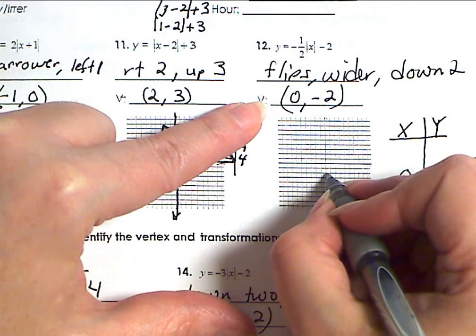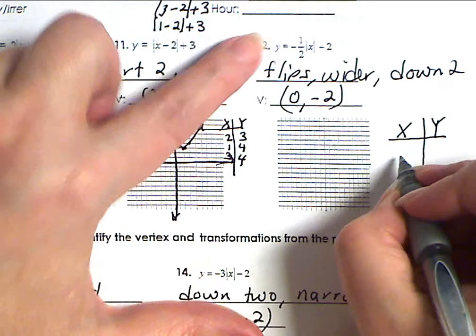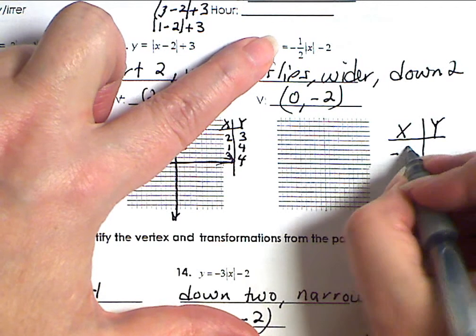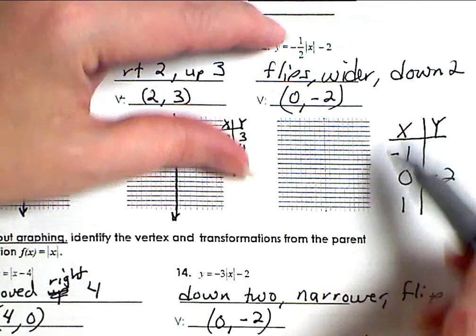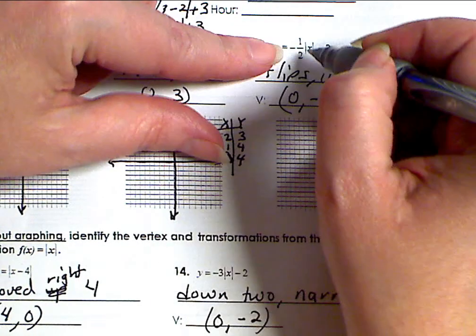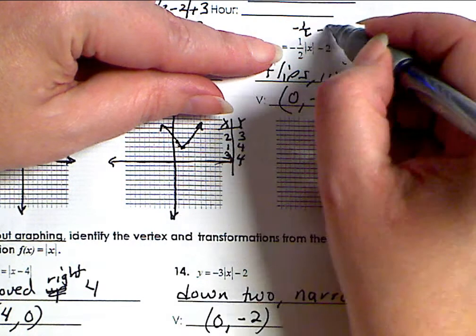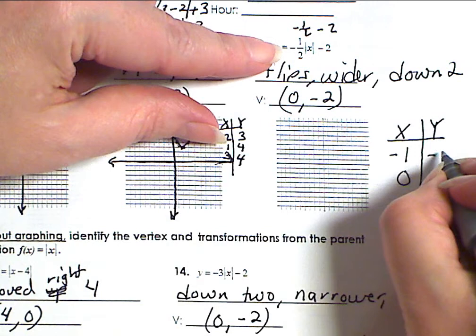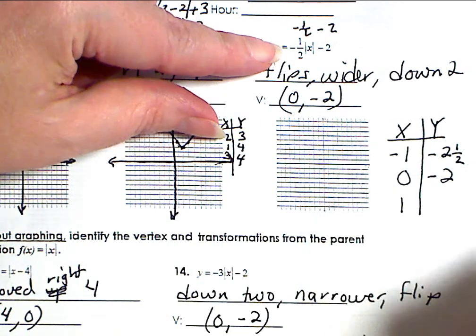So I want a point to my left, a point to my right. So I'm going to pick -1 and then +1. So 1 times -1/2 is -1/2, minus 2 gives me -2.5.